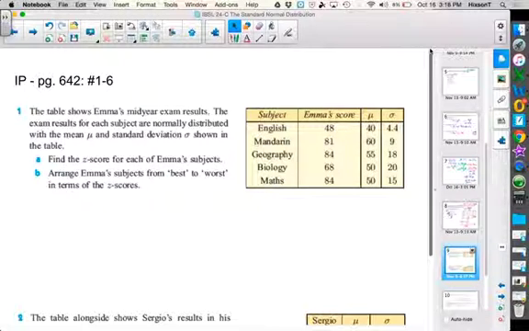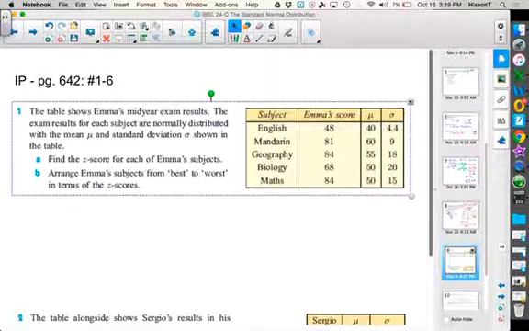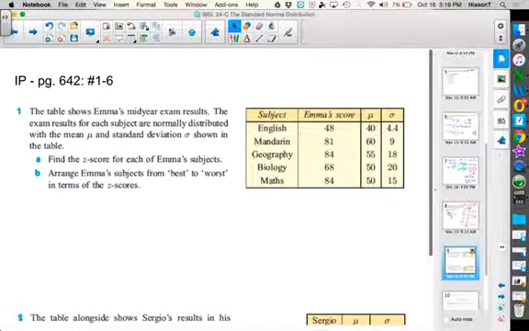Here, she got a 48 in English, but the class average was only a 40. So she still did pretty well, as opposed to here, she got an 84 in geography and an 84 in math, but the means were different and the standard deviations were different. So it's not really clear which she actually performed better on. We're going to look at the z-scores to rank those from best to worst performance, okay?